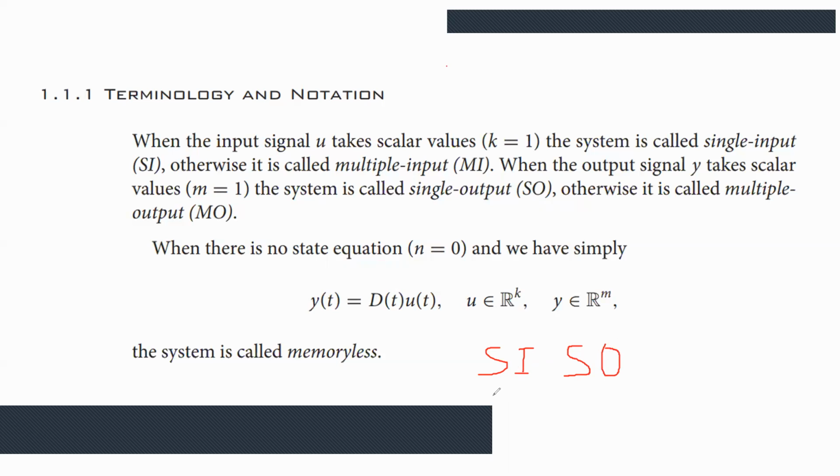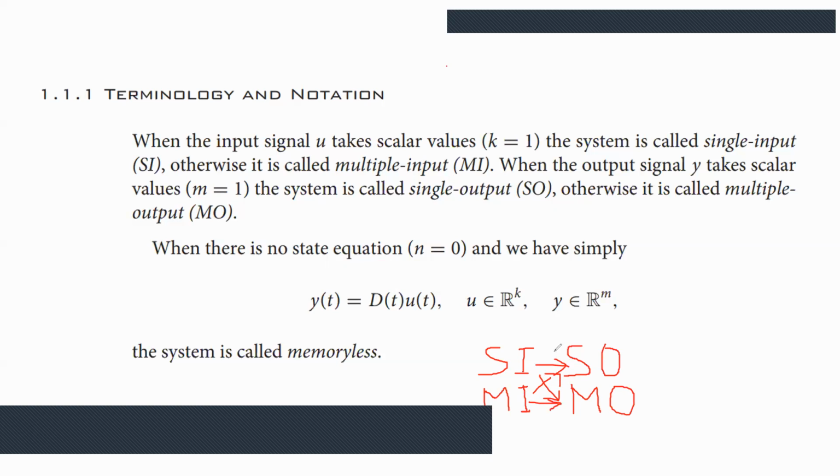Similarly, we have multiple input and single output systems, and multiple inputs and multiple output systems. And similarly, we have single input and multiple output systems. So there are two combinations for each case which can be established like this, and similarly like this.